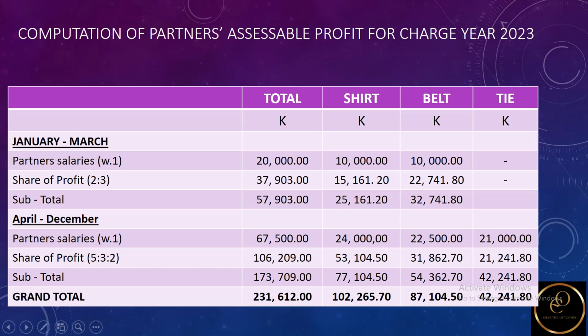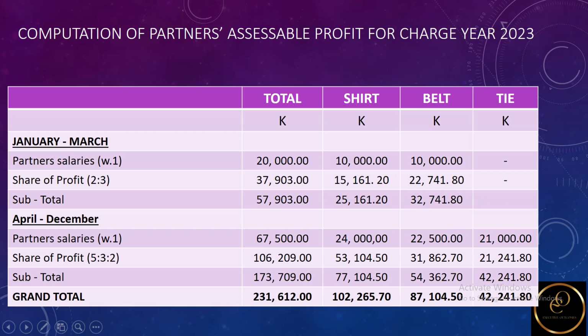We use a template or a format which is going to look at partner's salary, and then we're going to move to the next row, which is going to show you how the profits are shared. Then we're going to have a subtotal for that particular notional period, the notional period of 3 months running from January to March.